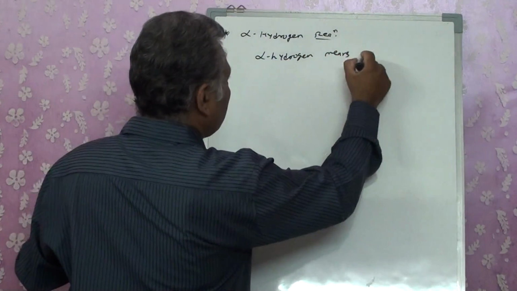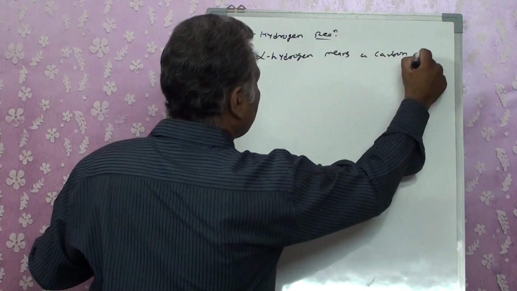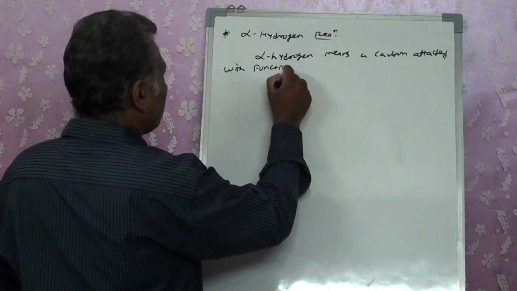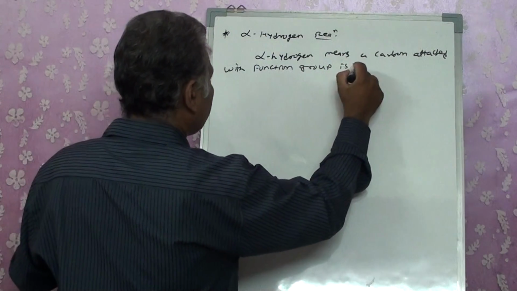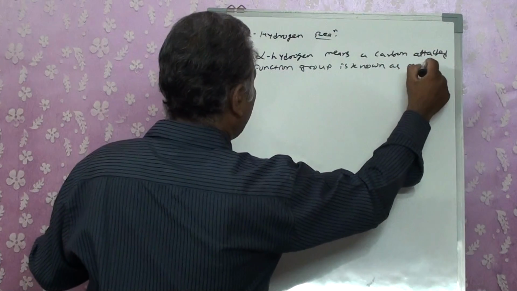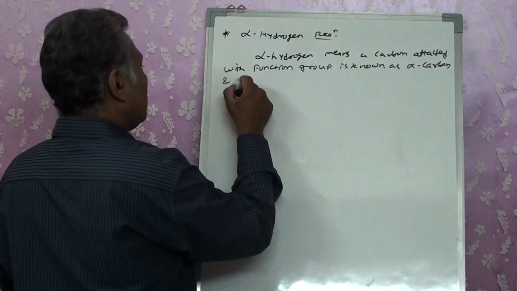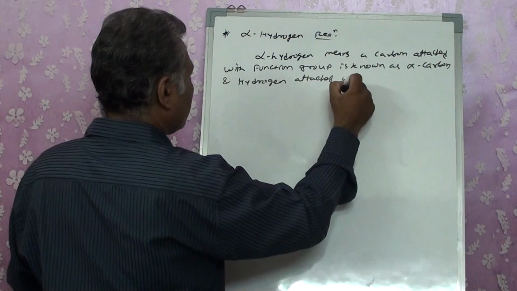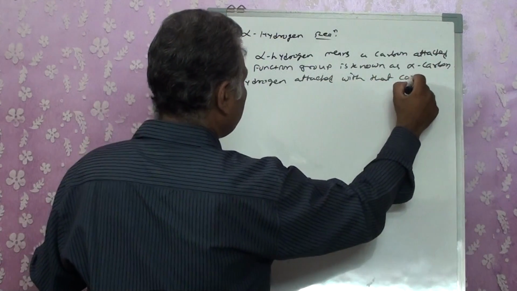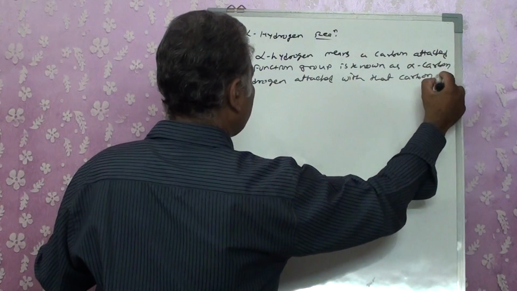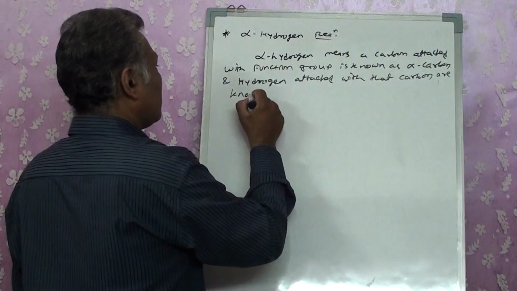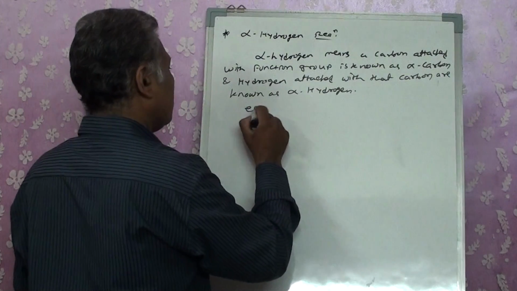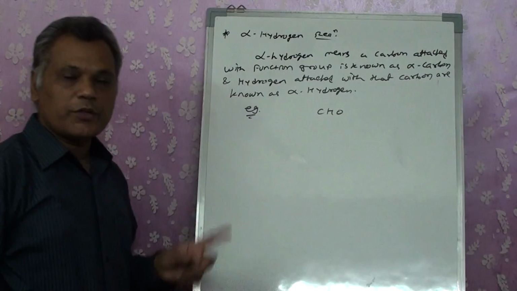A carbon attached with a functional group is known as the alpha carbon, and the hydrogens attached to that carbon are known as alpha hydrogens.